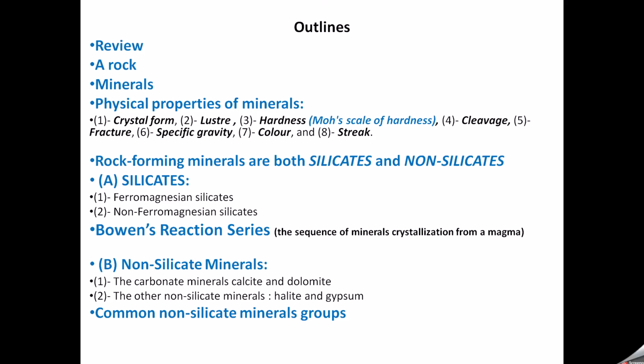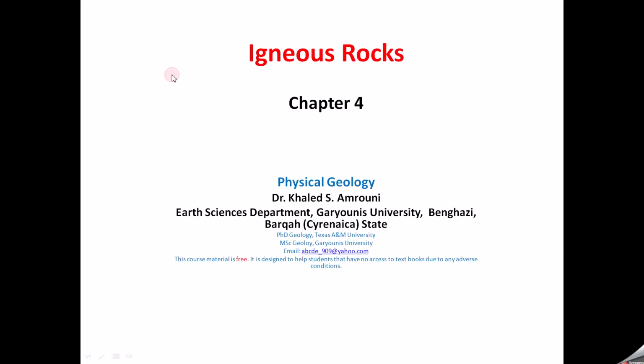And then we'll study Bowen's reaction series, which is mainly the sequence of mineral crystallization from a magma. Non-silicate minerals: carbonate minerals, calcite and dolomite, and other non-silicate minerals, halite and gypsum. And then we'll look at common non-silicate mineral groups.